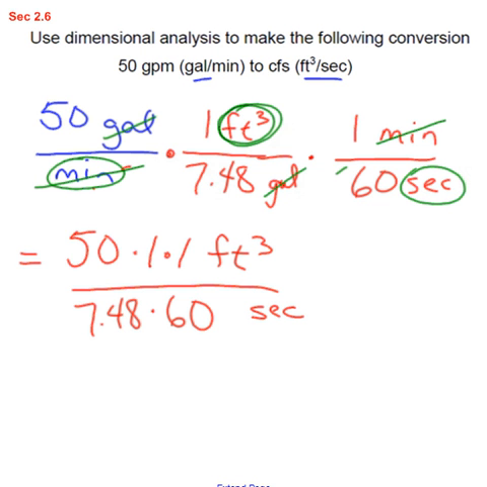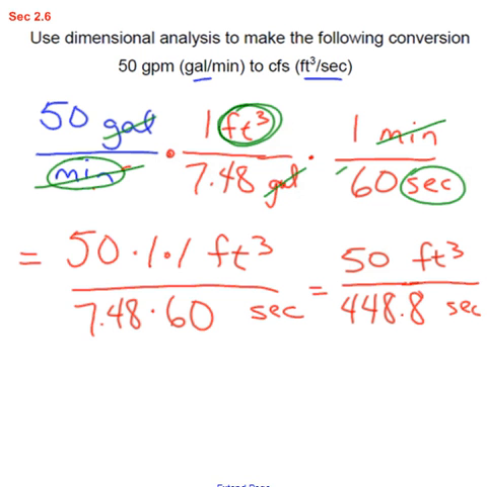So now I need to do the calculation. So 50 times 1 times 1 is 50. 7.48 times 60, I'm going to do on my calculator. That's 448.8. And remember, our units are always important here, so this is cubic feet per second.